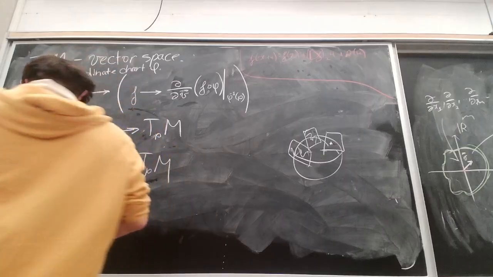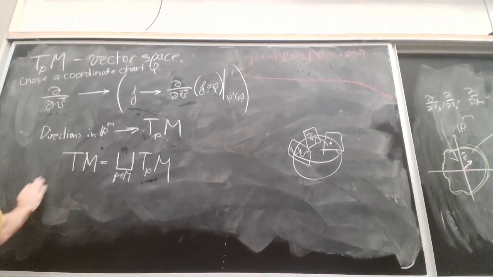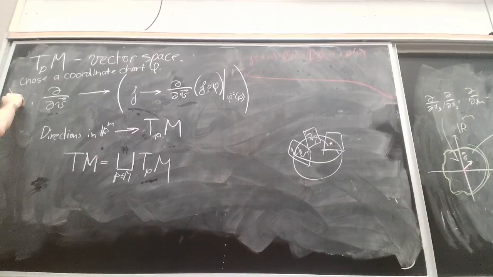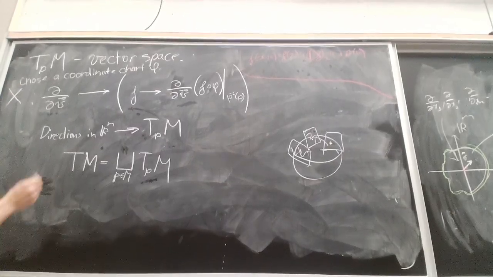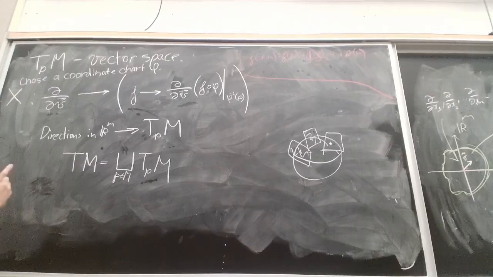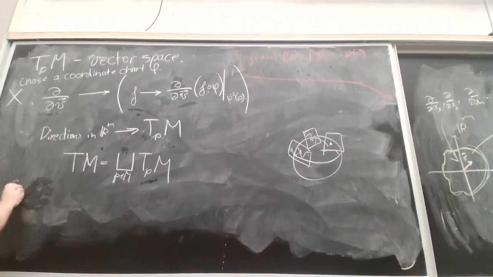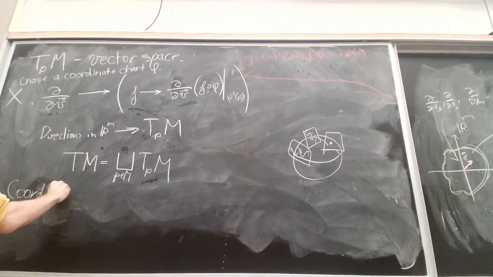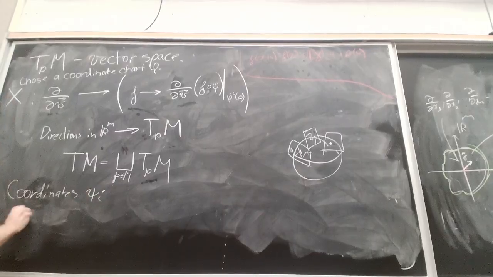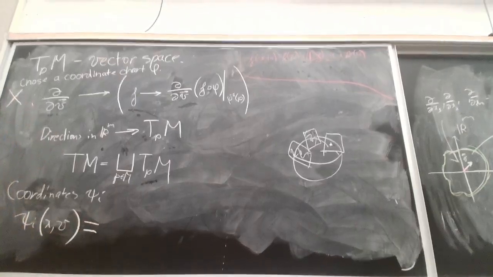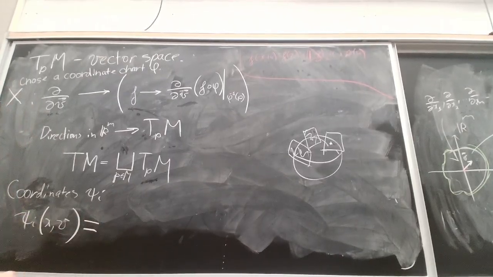And the coordinates for this are going to be very simple. So let's call this map some, I don't know, capital X. And so I will give this coordinates in the following way. Let's define coordinates psi_i, where psi_i of (x, v) is going to output me, where do I specify the point?